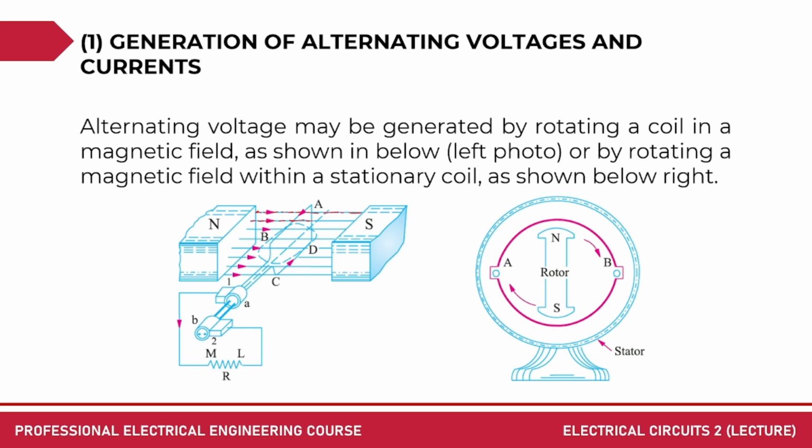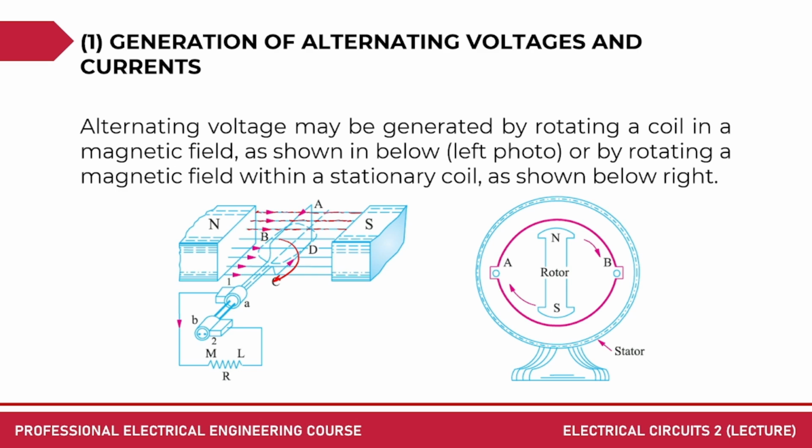You already discussed this during your physics and electromagnetism. When this coil is rotated, there is a cutting of flux. Whenever there is a cutting of flux, there is a generated voltage.